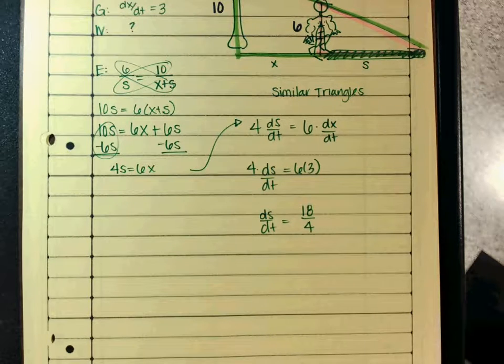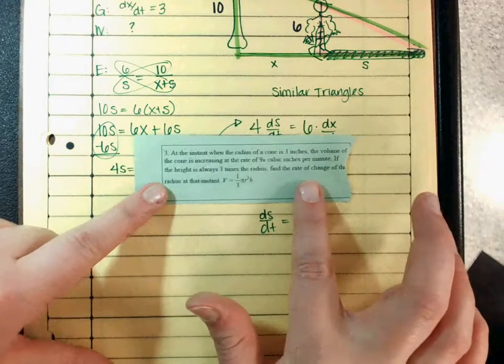Okay? Come back to your green sheet, please. Next one that we're going to glue in is going to be, let's do, at the instant when the radius of a cone is 3. At the instant when the radius of the cone is 3. Right here.